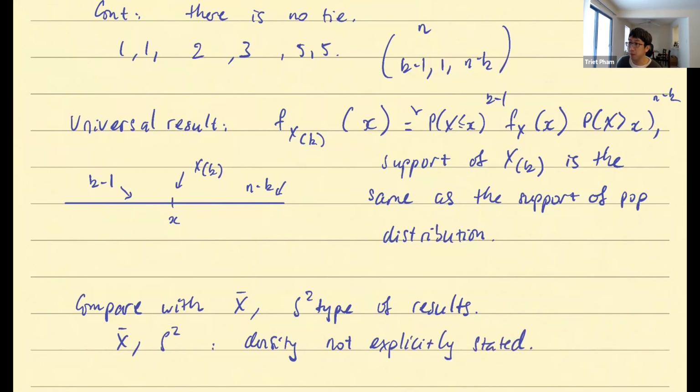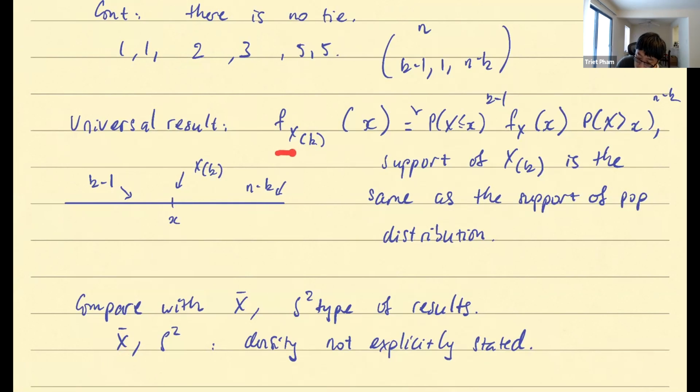For some cases they are implied. For example, in the normal case, we say this is normal, this is chi-square, so it's implied. In other words, if you look up the density, you know what it is. But for other kinds of distributions, we don't know the x bar distribution, we don't know the s square distribution. We said that.